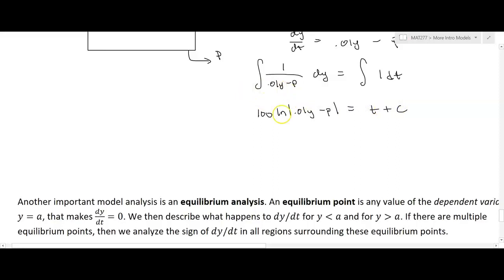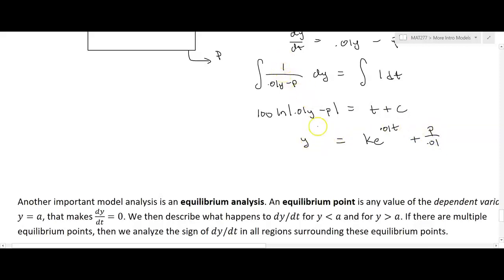And when you divide by 100, let's see, y equals k e to the 0.01t. And then we'll add p and divide by 0.01, so we'll have plus p divided by 0.01.